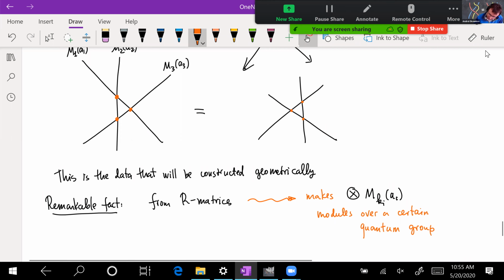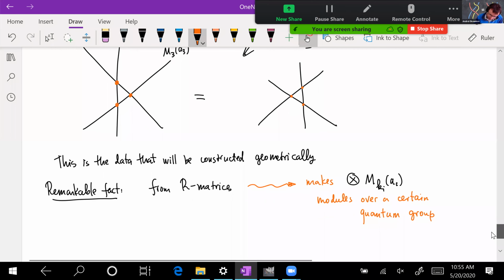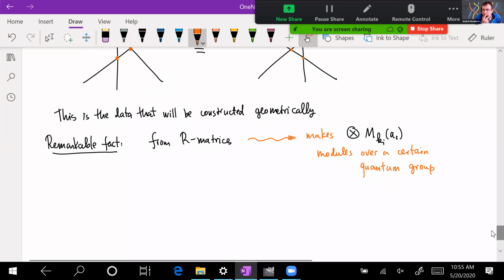I would like to explain this, which will probably mean going a little bit over time. Maybe I'll start and then next time we continue, because I think it's a very important philosophical point. Two references I like: one is a very old one, a paper by Reshetikhin, which precedes the famous Reshetikhin, Faddeev, Takhtajan paper.